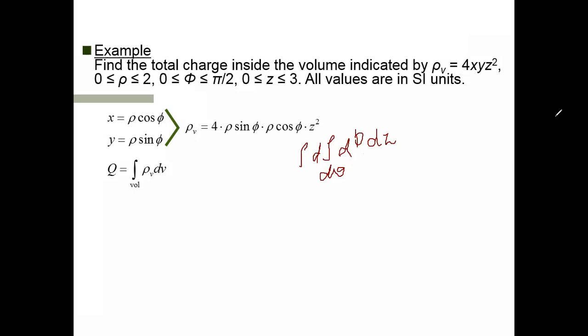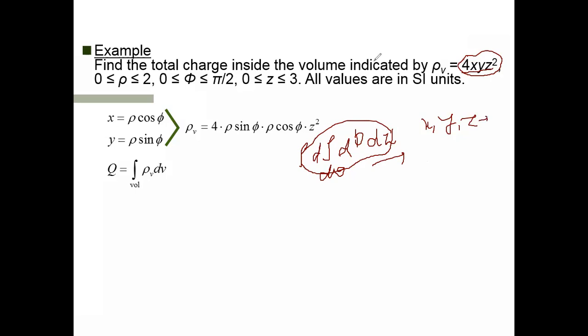Then the challenge remains that this is Cartesian and this is cylindrical. I cannot integrate, because this is in terms of x, y, z and this is in terms of rho, d rho, d phi and dz. So I will have to express x, y and z in the cylindrical coordinate system.